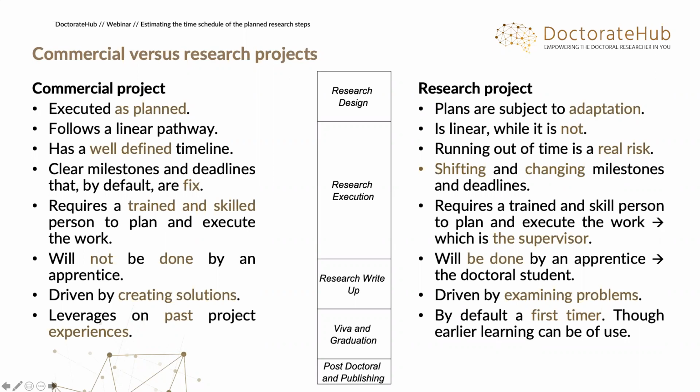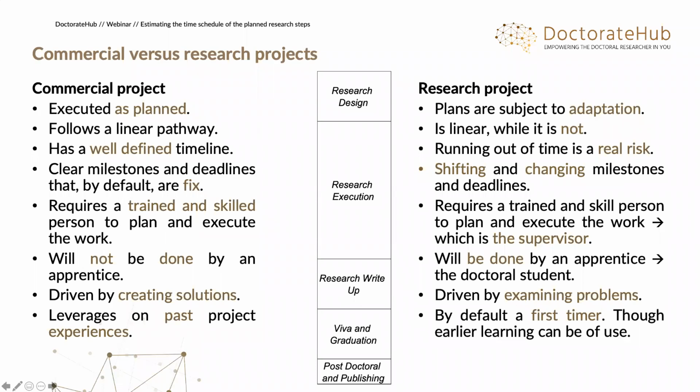And commercial projects have a well-defined timeline. We've seen already in the first part of the webinar that running out of time is a real risk in a doctoral research journey, and it's real, so please keep that in mind. Commercial projects come with clear milestones and deadlines that by default are fixed. That's why it's called a milestone and a deadline.